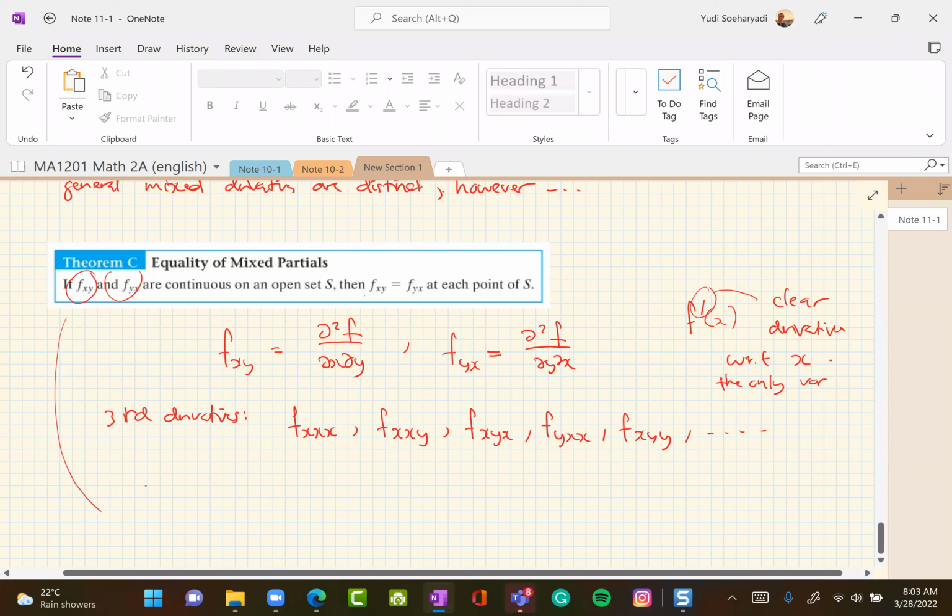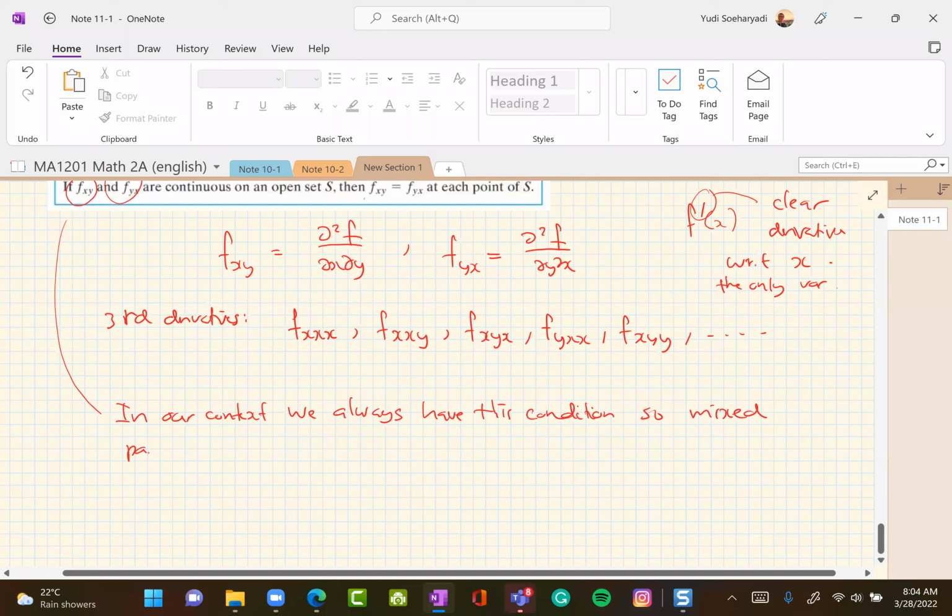So mixed partial derivatives are the same. Okay.